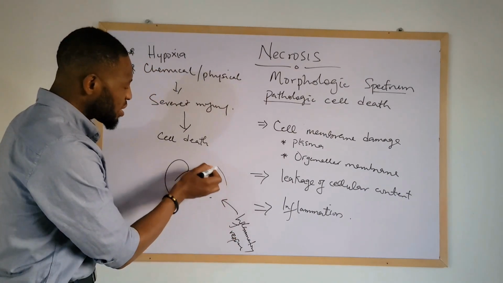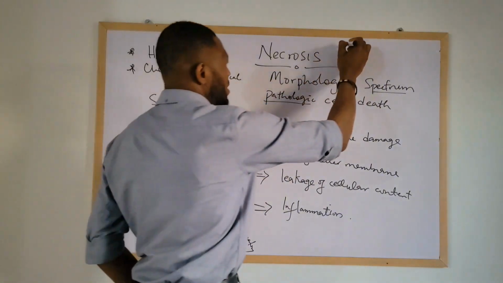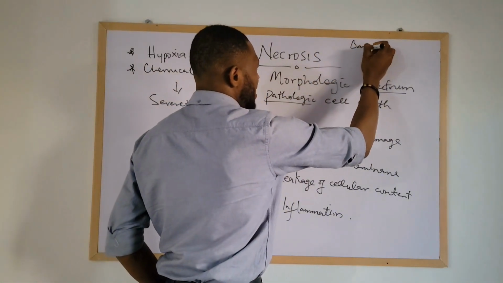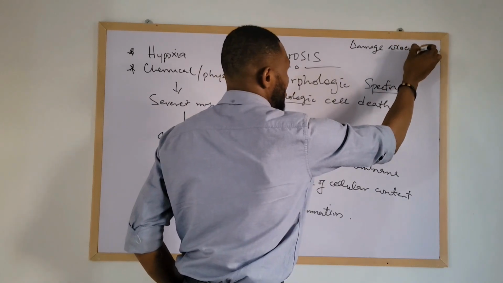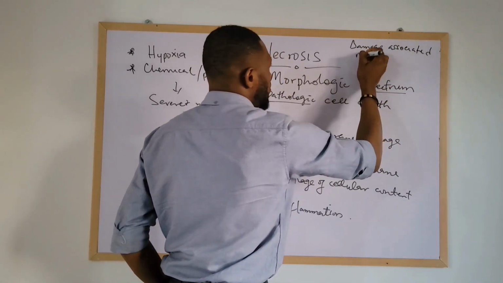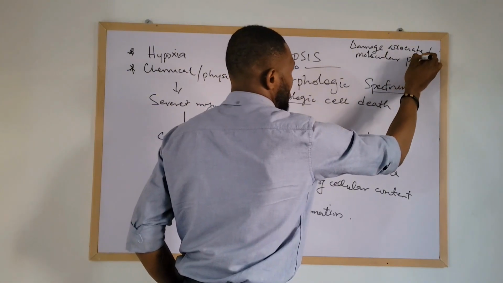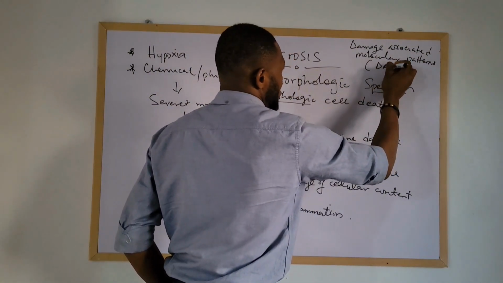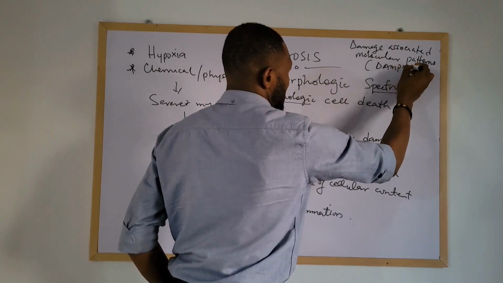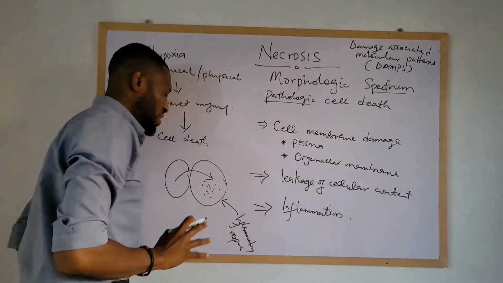Now, these contents of the cell have been called damage associated molecular patterns, which is what we call DAMPs. Damage associated molecular patterns, and they are recognized by the immune system.